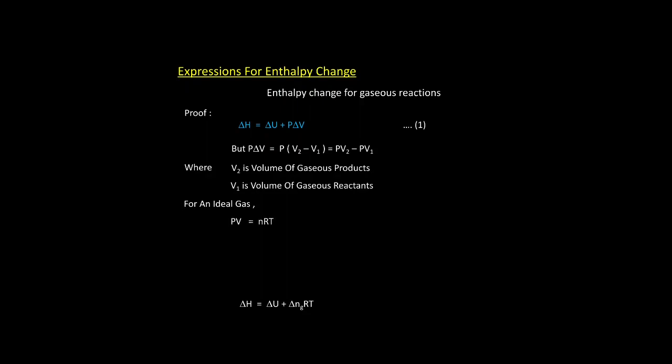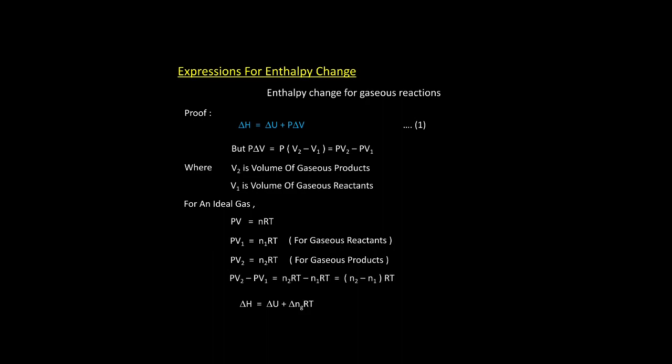For an ideal gas, PV is equal to nRT. So PV1 will be equal to n1RT and PV2 will be equal to n2RT. Hence, PV2 minus PV1 will be equal to n2RT minus n1RT, which is equal to n2 minus n1 into RT.